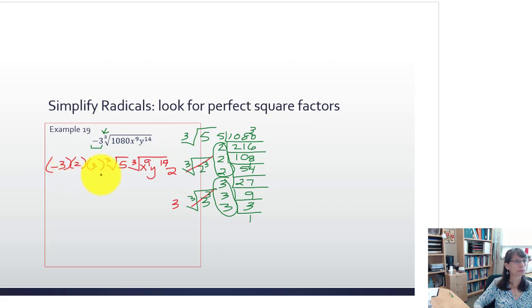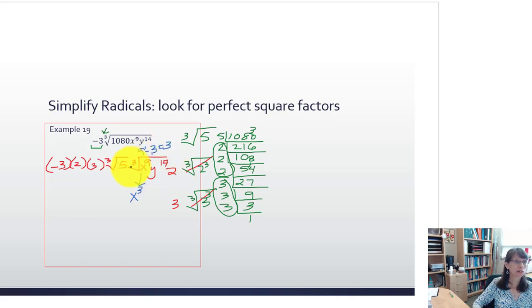All right, so working with these terms. 9 is divided by the index. So let's do that right here. 9 divided by 3 is equal to 3. So that tells me that x cubed will completely clear the radical. None of base x remains.